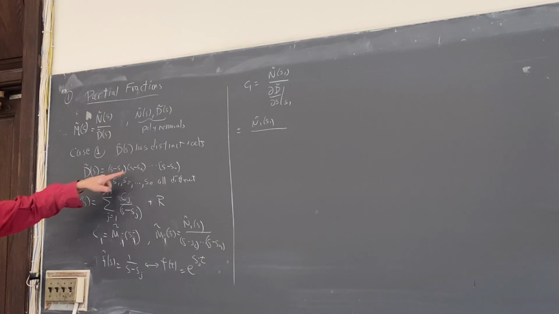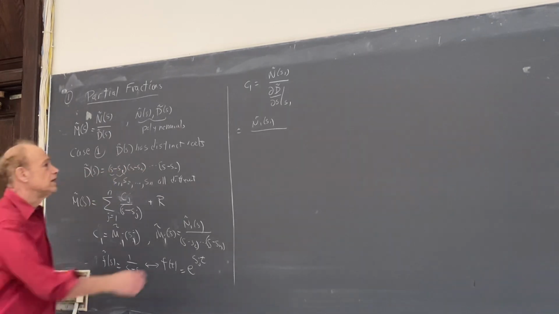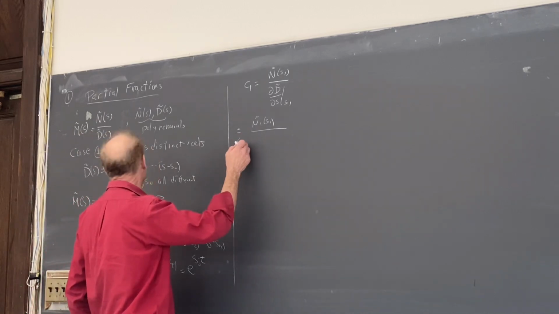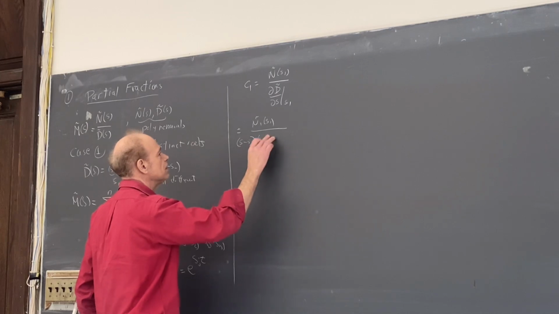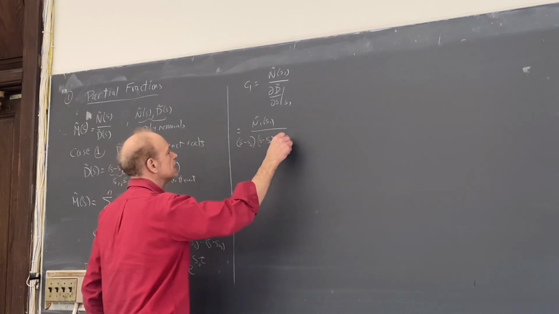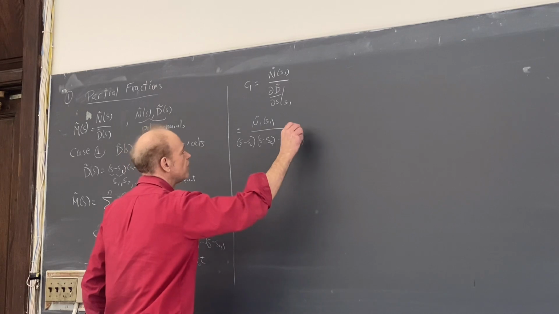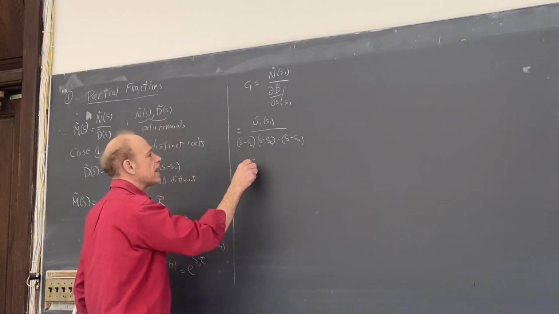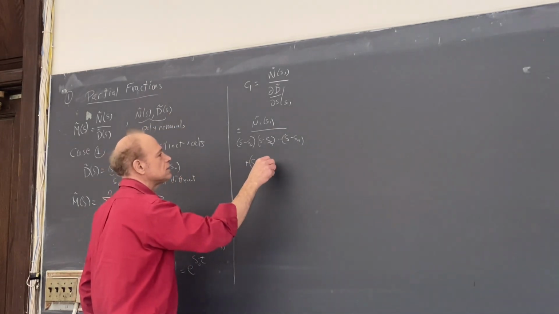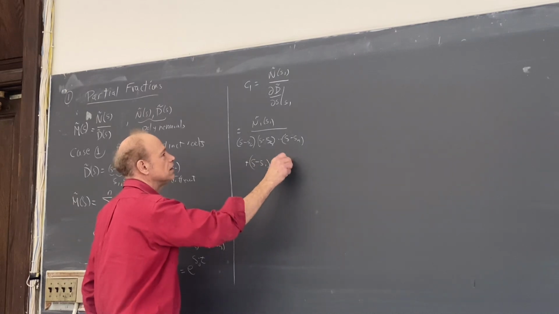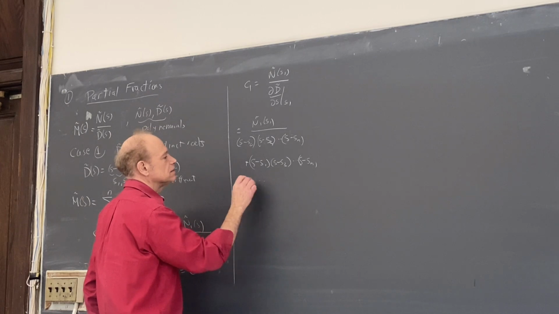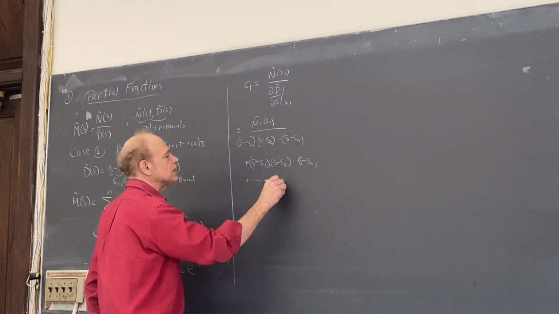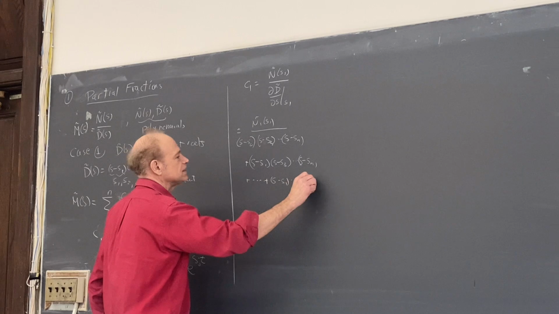It's the derivative of this factor times all the rest, plus the derivative of this factor times all the rest, etc. So the first term is s minus s2, s minus s3, dot dot dot s minus sn, plus s minus s1 times s minus s3, dot dot dot s minus sn, plus dot dot dot, plus s minus s1, dot dot dot s minus s(n minus 1).